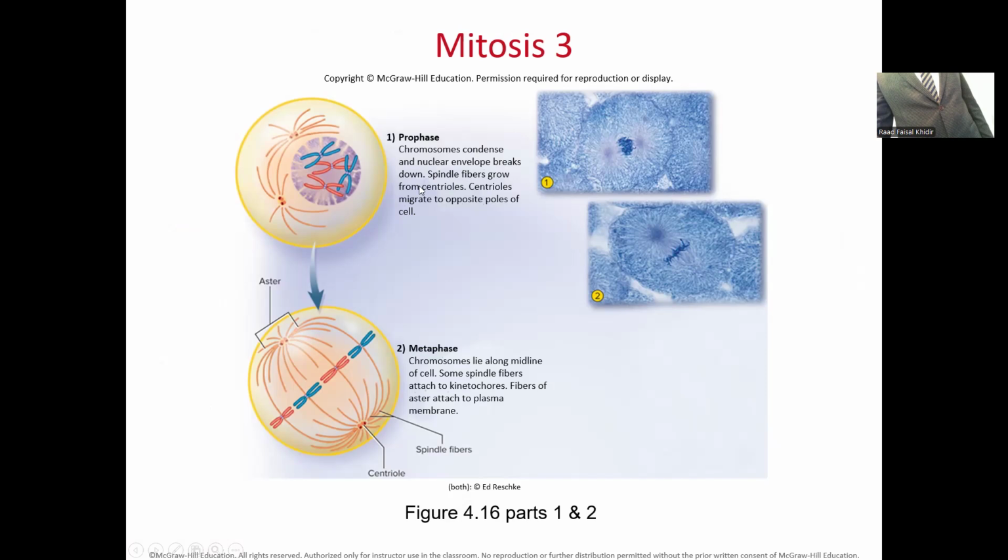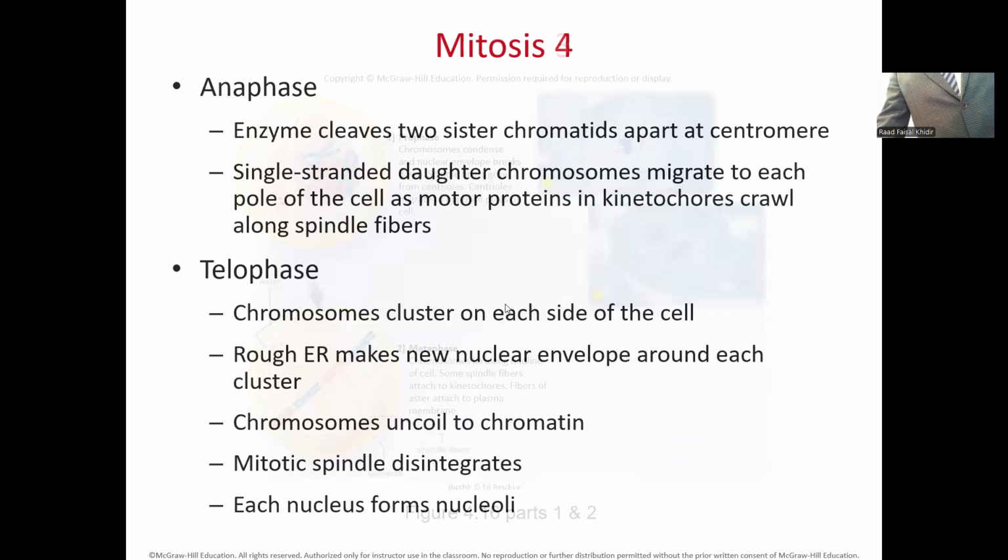The spindle fibers are going to grow from the centrioles, and the centrioles are going to migrate to opposite poles of the cell. In metaphase, the chromosomes are going to lie along the midline of the cell, and some spindle fibers are going to attach to the kinetochores. Fibers of the aster are going to attach to the plasma membrane.